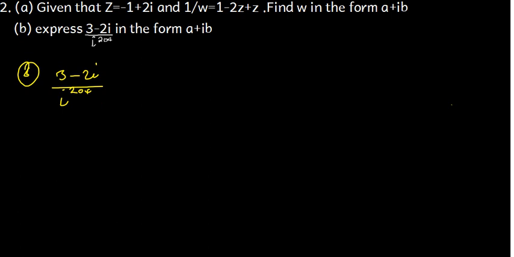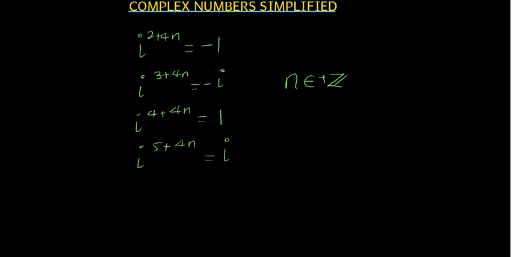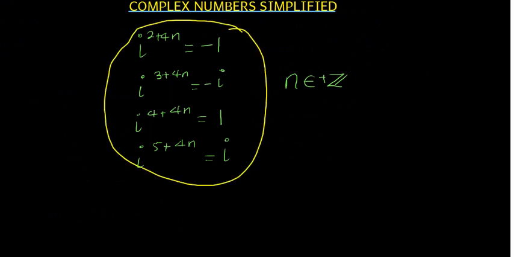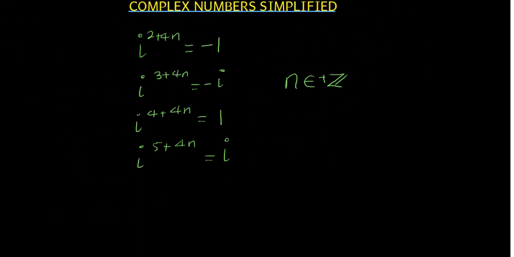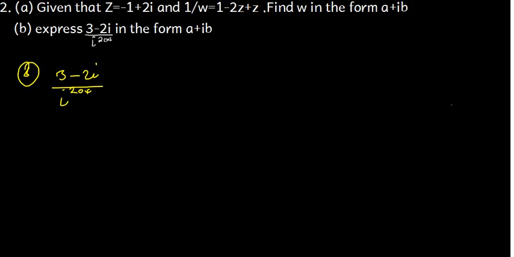The way to do that is to look at these values. For me, I can just tell that it should be in this form. And how do I tell? We have i to the power 204. We know that 204 minus 4 gives us 200, and 200 divided by 4 is 50.